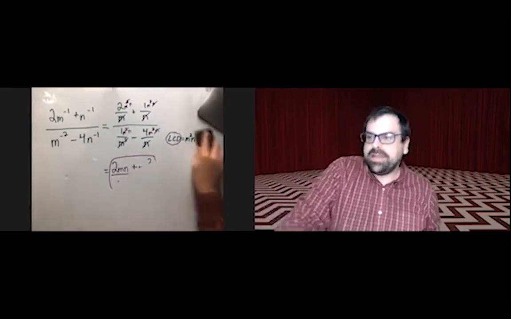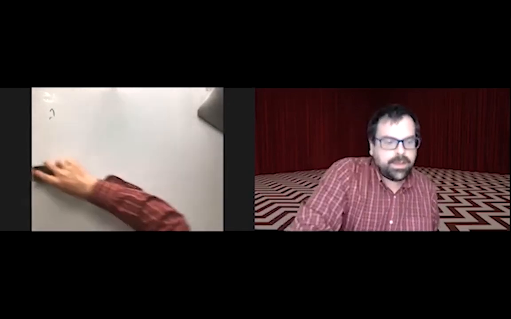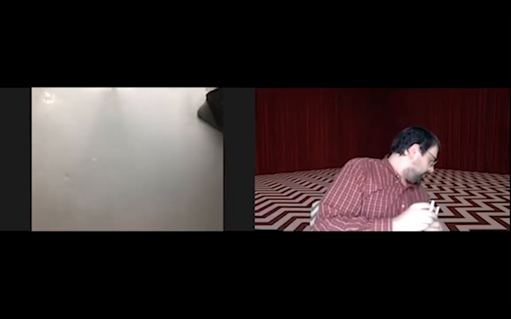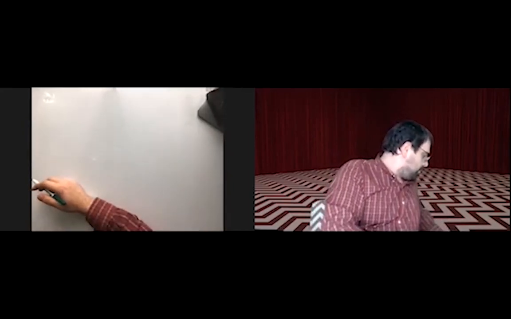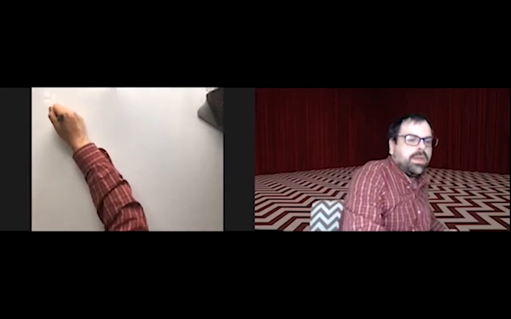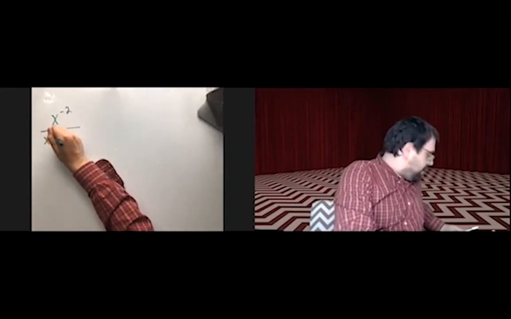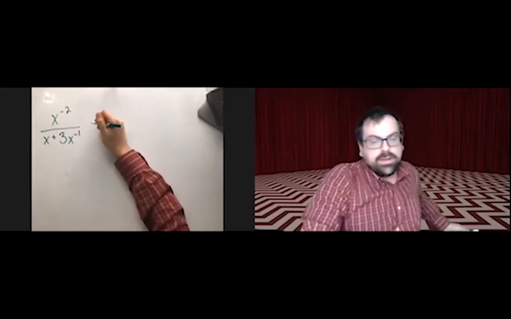Let's do another with negative exponents. X to the negative 2 over x plus 3x to the negative 1.